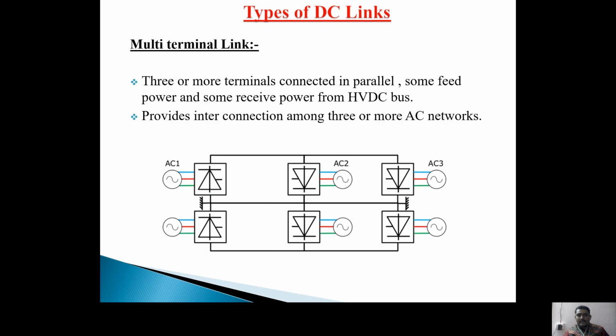Next, we are taking the multi-terminal link. Here, three or more terminals are connected in parallel. In the previous back-to-back link, we are using two AC power systems, and now in this one, we are taking three or more terminals connected in parallel. Some feed power and some draw power from the HVDC bus, and it provides interconnection among three or more AC networks.